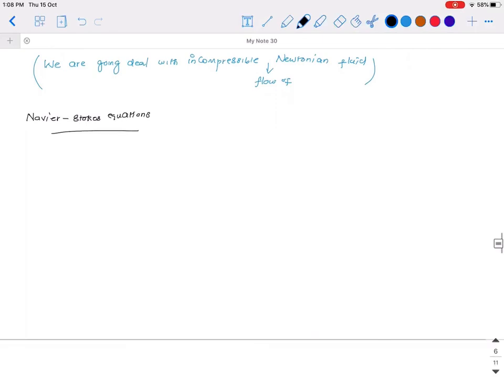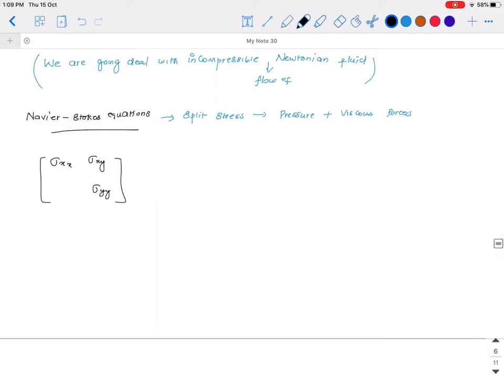Okay, now what we do as a first step is that we split the stress sigma into pressure plus viscous forces. Okay, so in matrix form we can write this as, sorry, let's deal only with fluid.